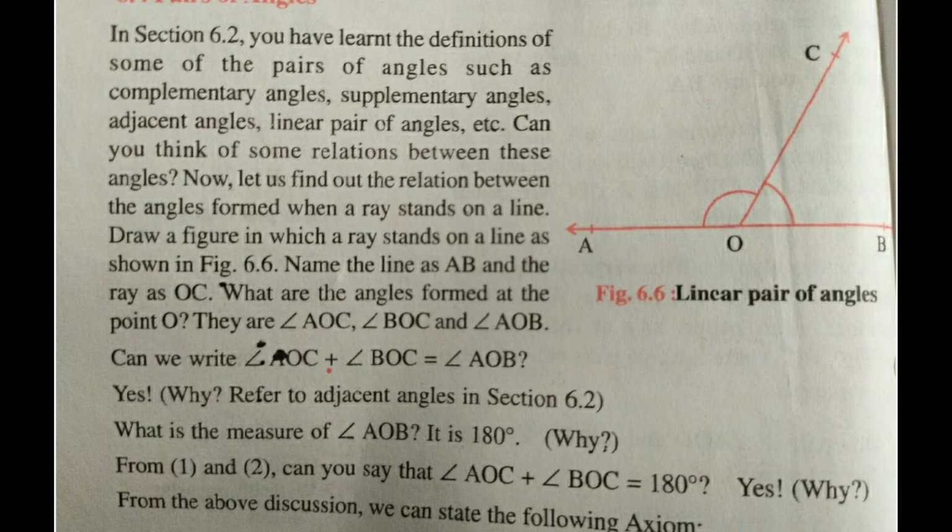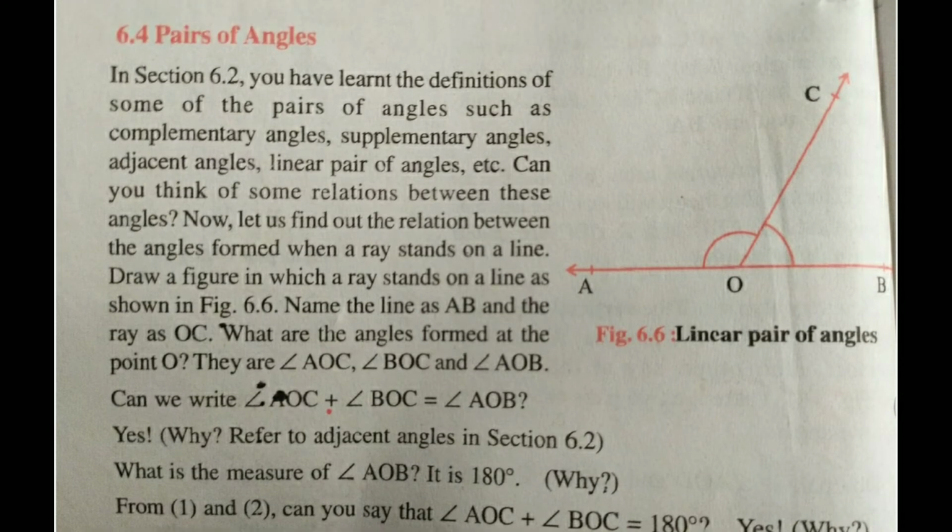In the figure, here is a line AB and the ray OC. What are the angles formed at point O? Angles AOC, BOC, and AOB.